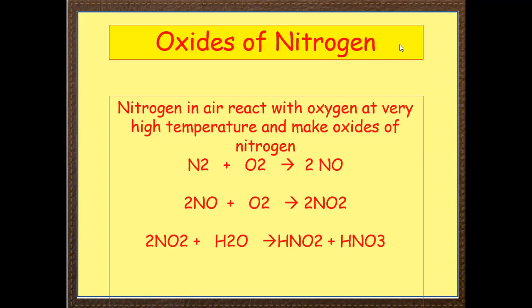When this nitrous oxide reacts with oxygen, it will make NO2. And this NO2 again, when it reacts with rain, will make HNO2 and HNO3, both acids again. And these acids, as I told you before, are dangerous for aquatic life, for crops, for buildings, for machinery.